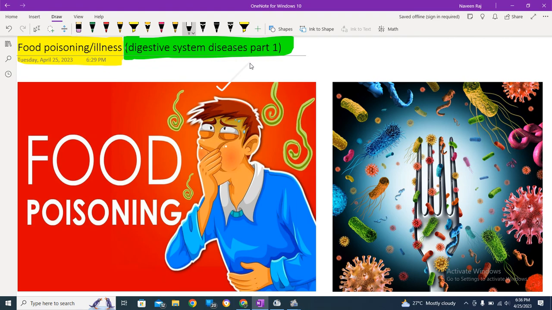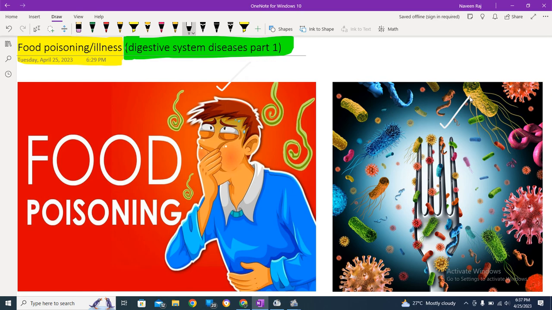Here is a picture of a fork, which shows that whatever spoon or fork you are using may have some sort of microorganism stuck to it, and these can be disease-causing pathogens as well. So it is very important to notice that cleanliness really matters.